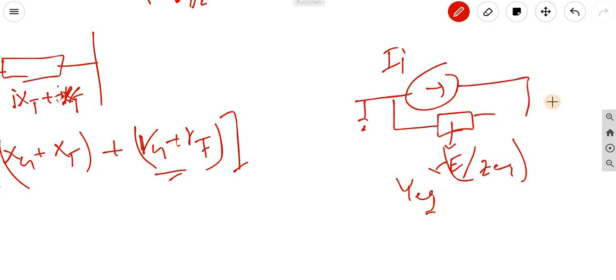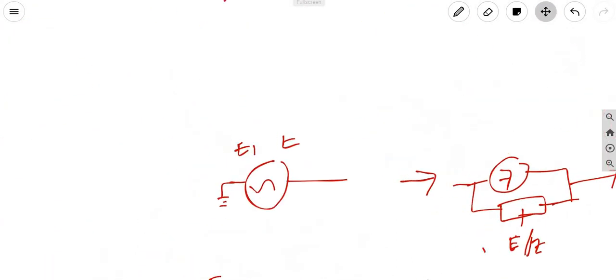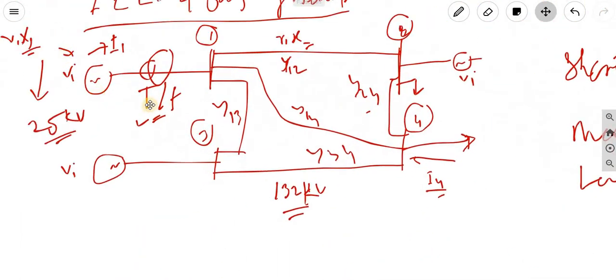This is the conversion of current. If a voltage source is given, we have to first convert it into the current injection to the network, for each case.